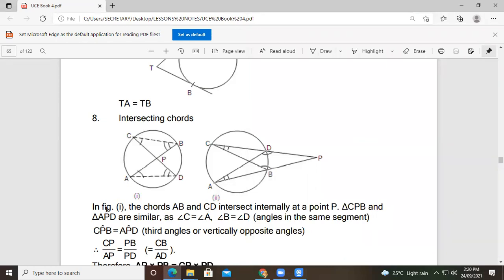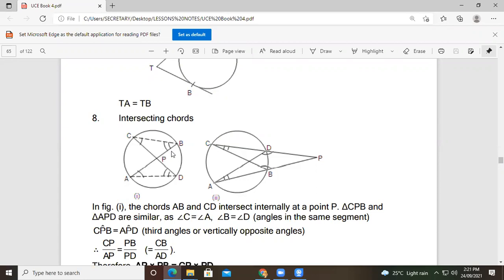So they are saying that in figure 1, the chords AB and CD intersect internally. So they are meeting inside. That's why they say internally. They are intersecting internally at point P inside the circle.